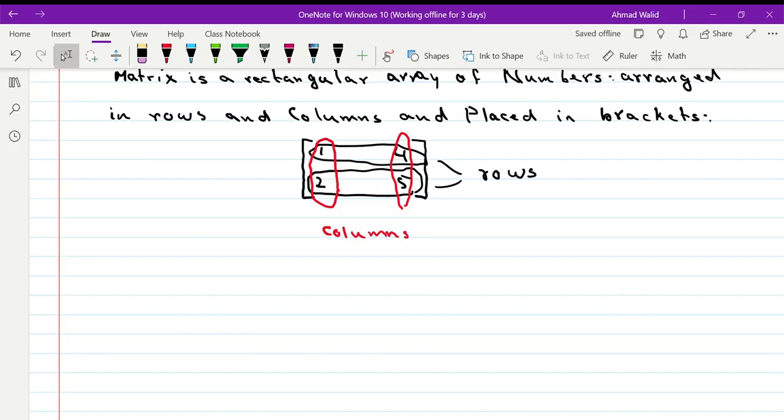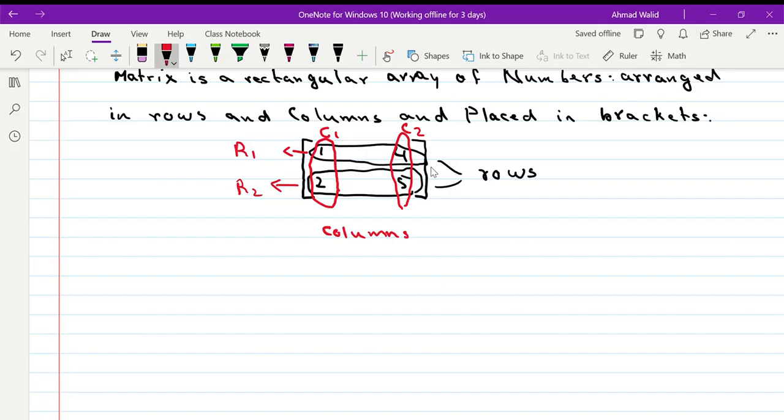Now, this was very basic information about a matrix. Of course, there is an order in a matrix. For example, you can call this one row 1, this one row 2, this one column 1, and this one column 2. We name how many columns we have, how many rows we have, and in general, what is the size of this matrix.